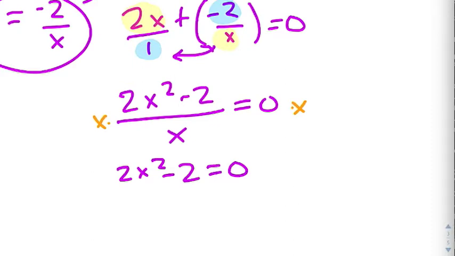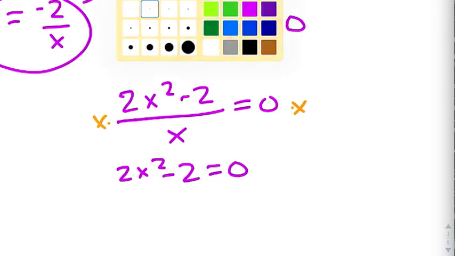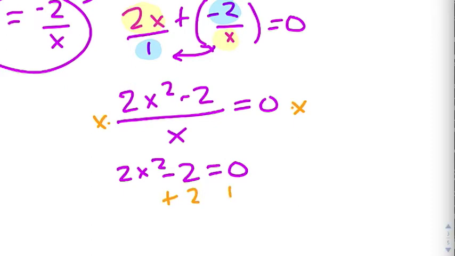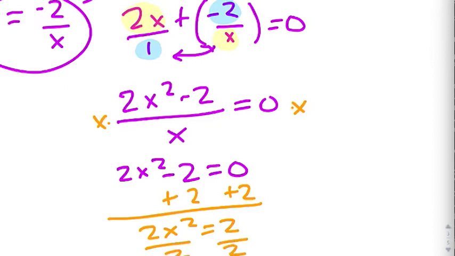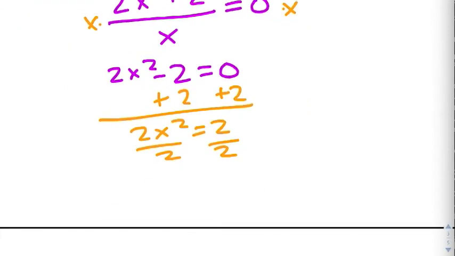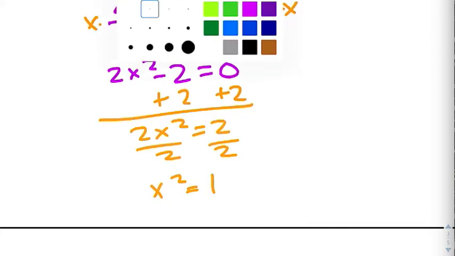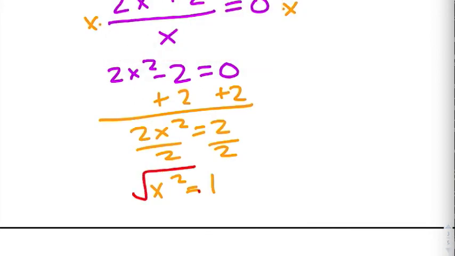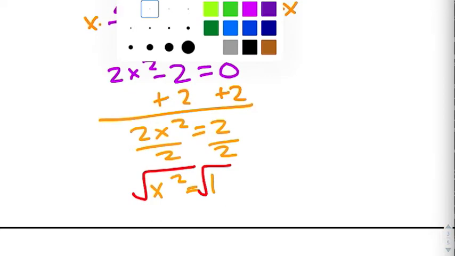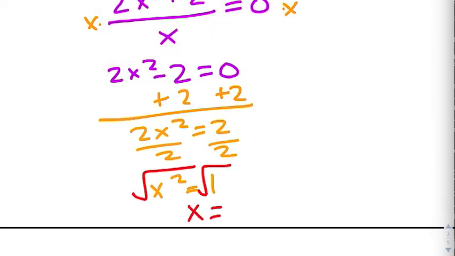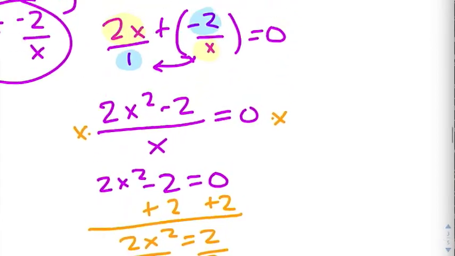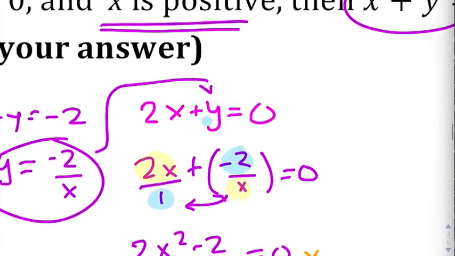So now if I continue my solving path, add 2 to both sides, then divide by 2. I see that x squared is actually equal to 1. And so if I square root both sides, I end up with x is equal to plus or minus 1, because square root of 1 is, of course, 1. Now please recall that we had a condition that x is positive, right?